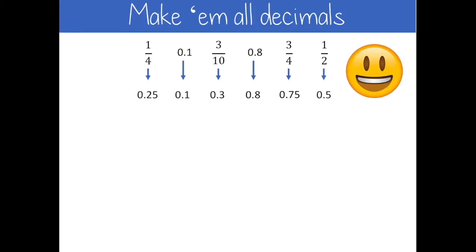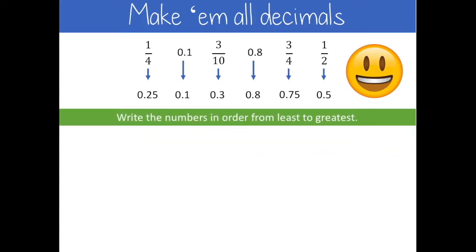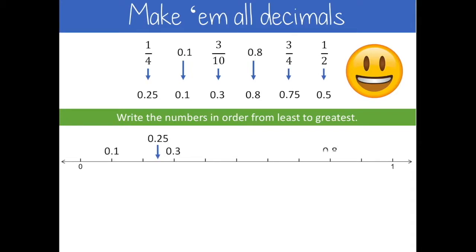Oh, well that already looks better. But now, if you need to write the numbers in order from least to greatest, it's going to be a piece of cake. Let's bring up another number line, and we'll just plot these. Ta-da! Okay, now by making them all decimals, it's just really easy to put them in order.